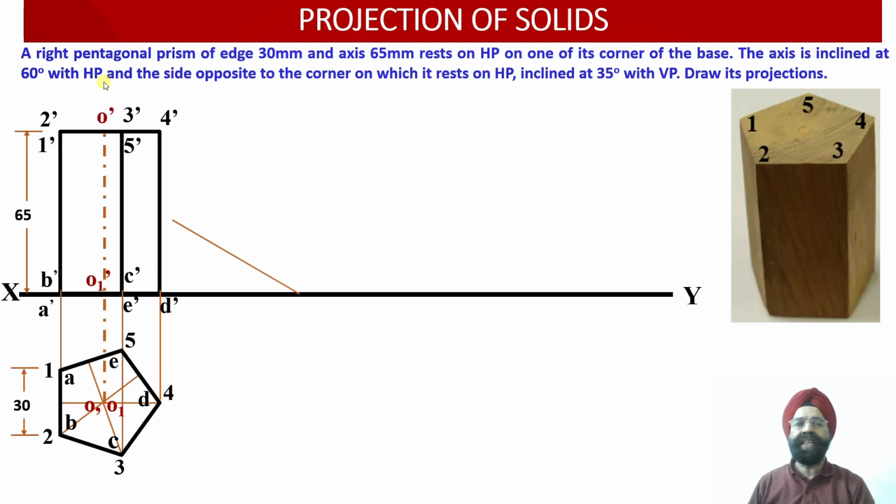But in order to facilitate the construction, we have to ensure that this point D dash should be lying over here. So that is why we are going to draw the angle of inclination of the base is equal to 30 degree, and thereafter we are going to mark the angle of inclination of the axis as 60 degree over here.